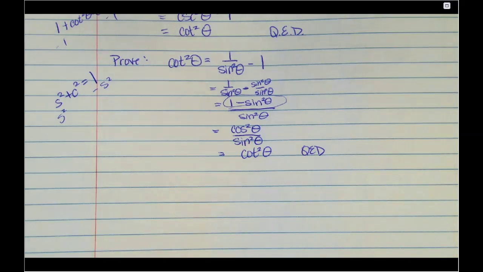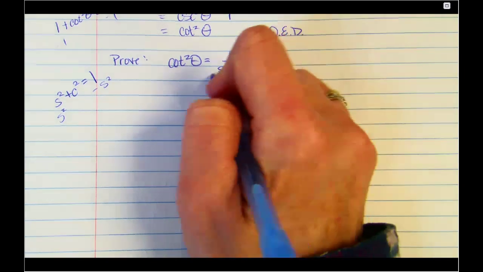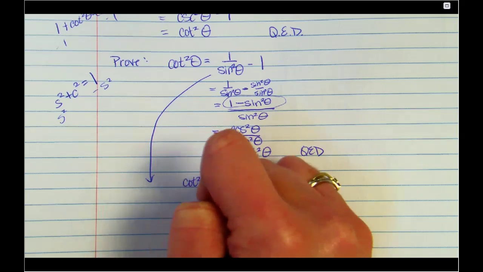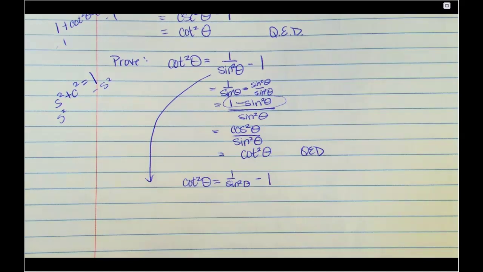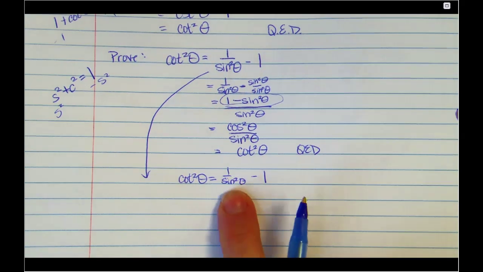Now, guess what? That's actually the long way. Okay, so I'm going to show you the short way. If I was going to do this the other way, Sam, what do you want to do? What would you do? Can't you turn the 1 over sine squared to cosecant squared, and then that's the little dog?